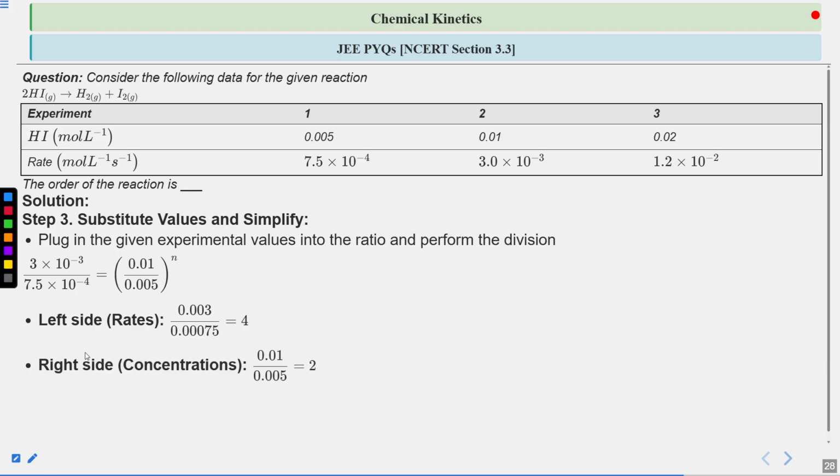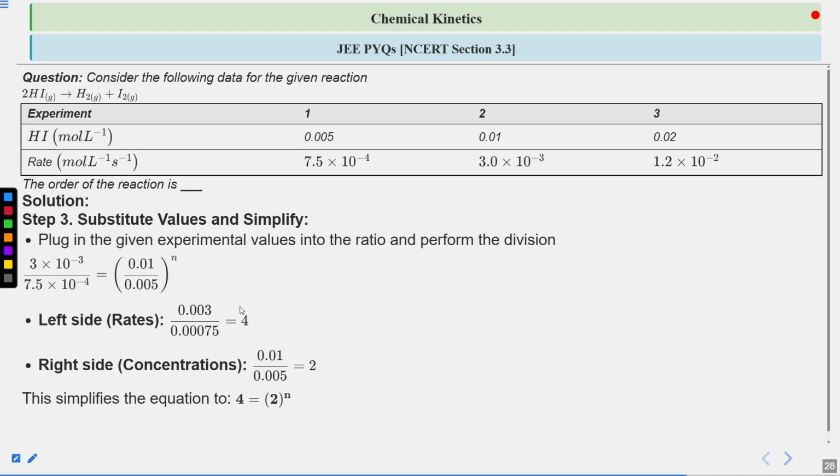For the right side, which is the concentration ratio, if you solve it separately, 0.01 divided by 0.005 equals 2. So we have solved the left side and the right side. The only thing left to calculate is n. This simplifies the equation to 4 equals 2 to the power n.